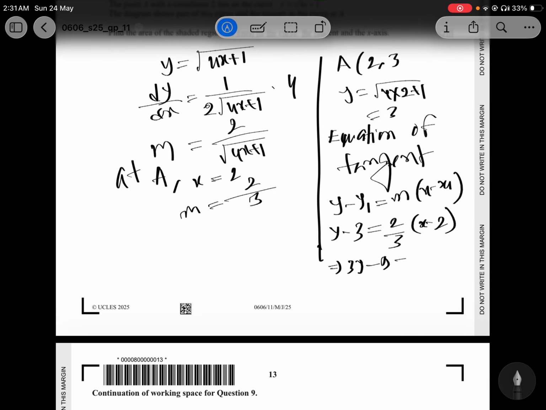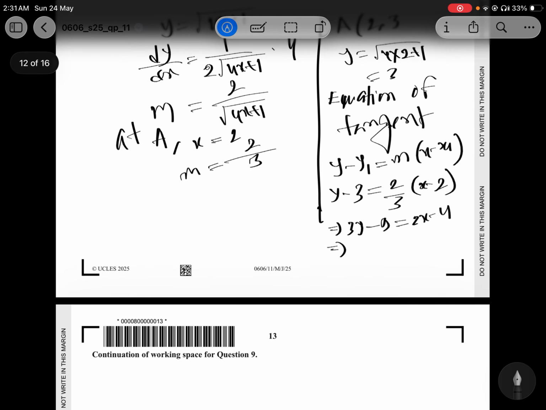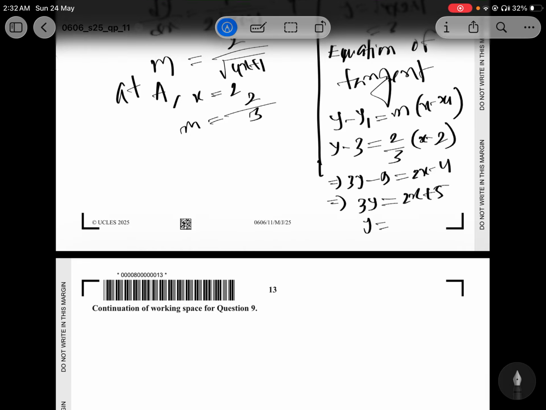So 3y minus 9 is 2x minus 4. So 3y is equal to 2x plus 5. One more time. 3y minus 9 is 2x minus 4. Okay, minus 9 should become positive 9 on the right hand side, so minus 4 plus 9 will become positive 5. Nice. Okay, so our y should be 2x plus 5 over 3.